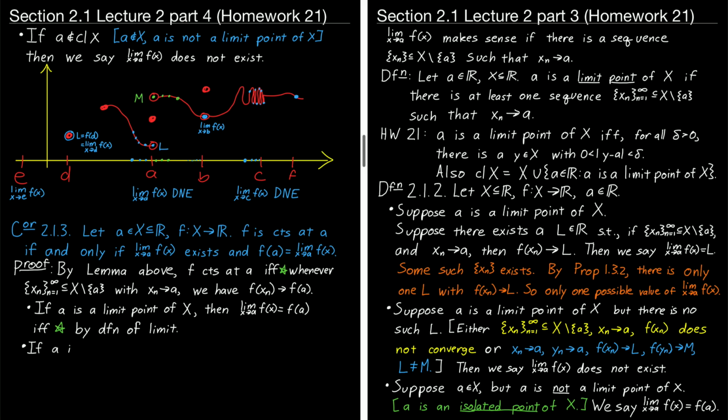Conversely, if A is an isolated point, and remember, an isolated point is just a point in X that is not a limit point, then there are no sequences in X minus A which converge to A. So all none of them.